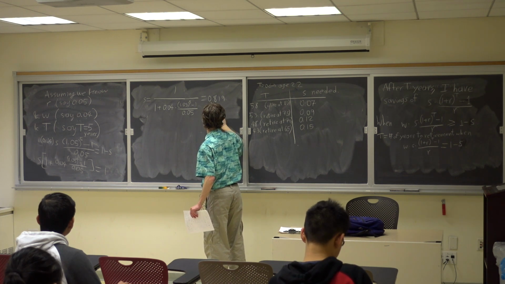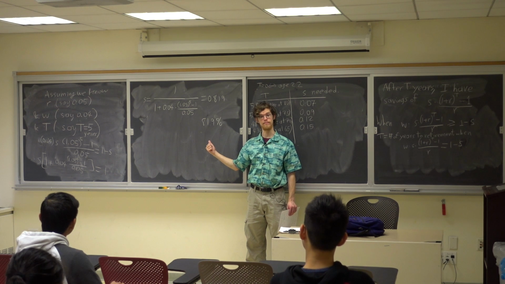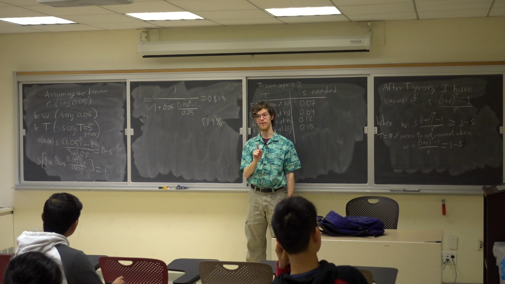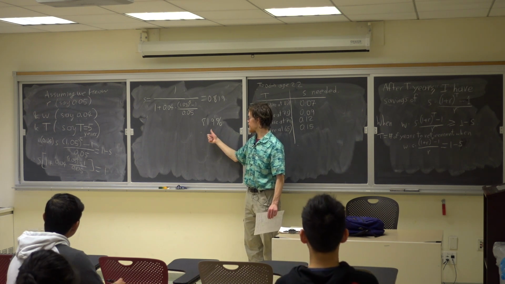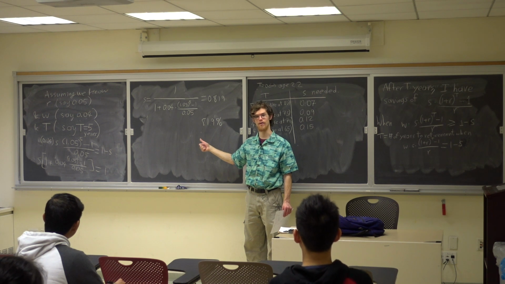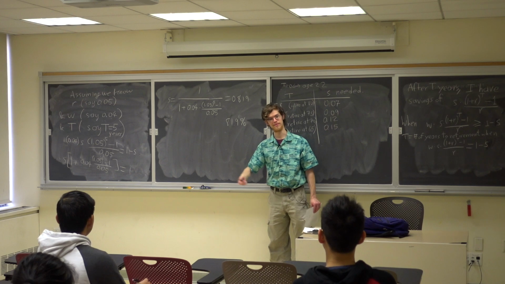Thank you. So, if you want to retire in 5 years and your savings rate is sustainable, okay, then if your sustainable savings rate is at least 81.9%, you can retire in 5 years, according to Junichi. Very cool.